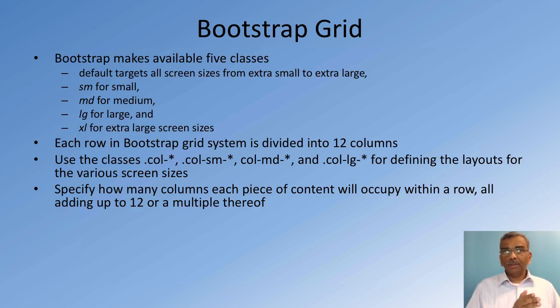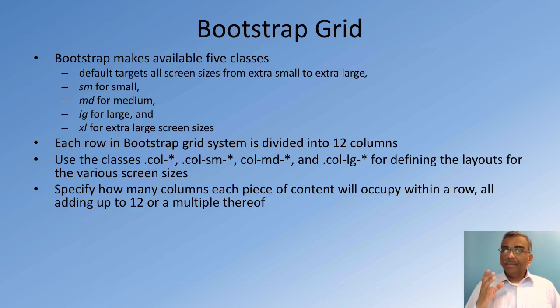I'll look at the details of this in the subsequent slides later, but let me quickly draw your attention to how we specify the column sizes. We might specify the column sizes as col, which is one of the classes, or we'll say col-sm for small and col-md for medium and large and extra large and so on.